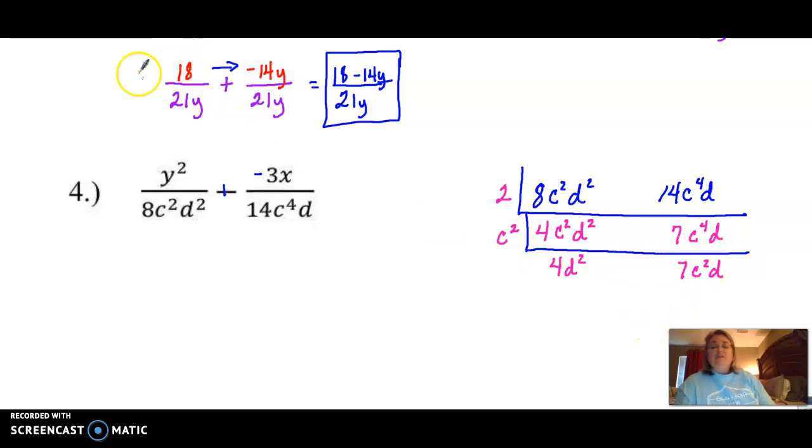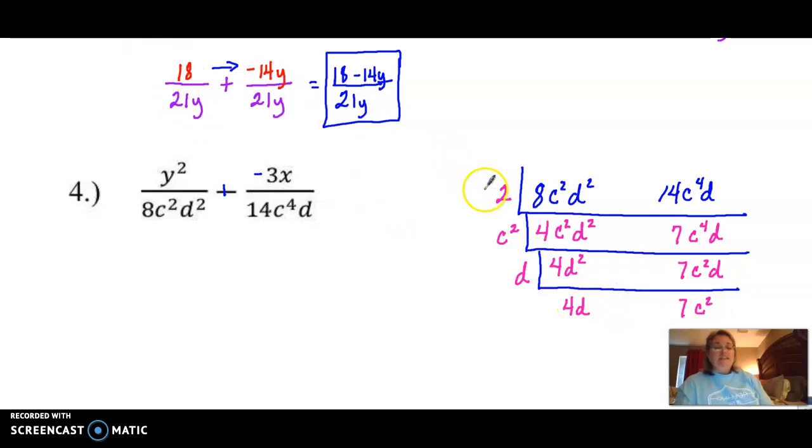Okay, I still have a common d in both of those. So when I take my d out, I'm going to be left with a 4 and 1d. I had 2, so I took 1 out and I only have 1 left. With my 7, I have 7, I have a c squared, and no more d. Now there's nothing common in these two, so I know I'm finished.